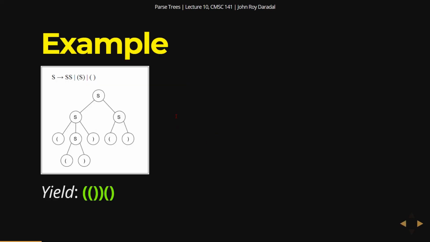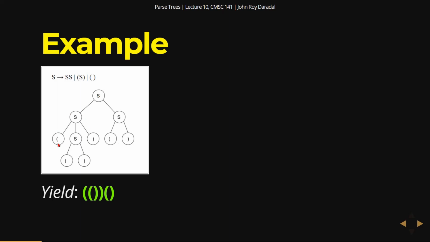Okay, so this is an example of a parse tree. So given this context-free grammar for balanced parentheses, you start with S, which is the start symbol, and then you can derive from S, you can have SS, like this one, and then this S could be replaced with parenthesis S parenthesis, so we have this one, and then this S could be replaced by open close parenthesis, and then the same with this one.